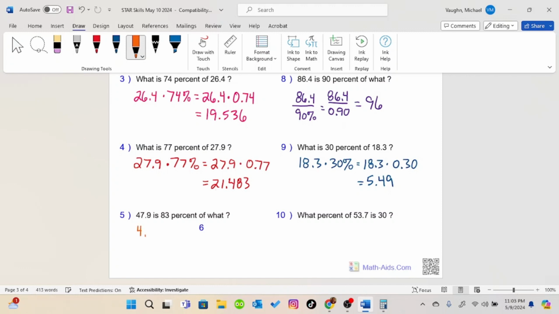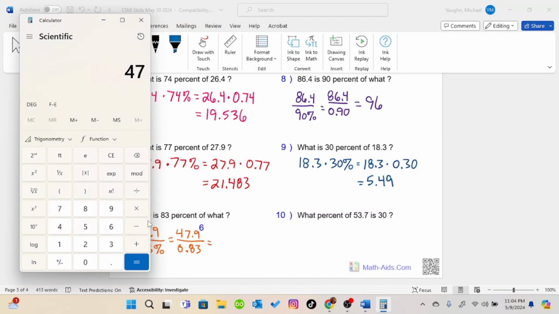So 47.9 divided by 83%. That becomes 47.9 divided by 0.83, which equals 57.711.